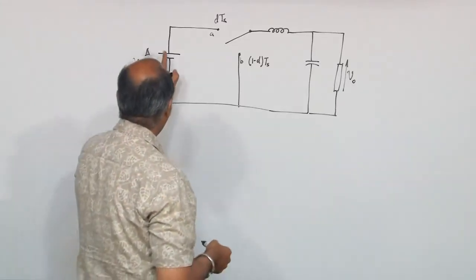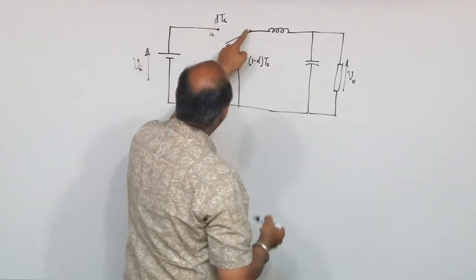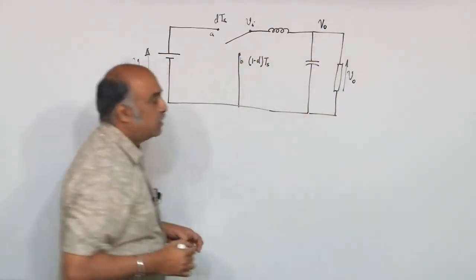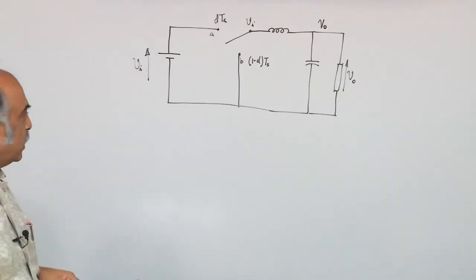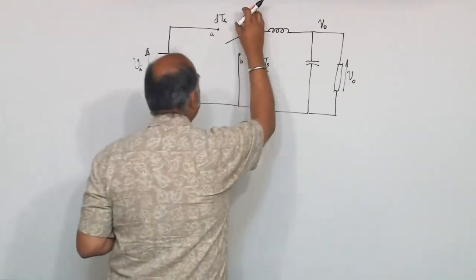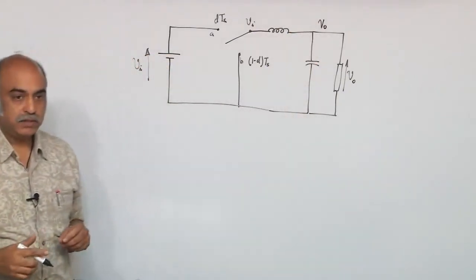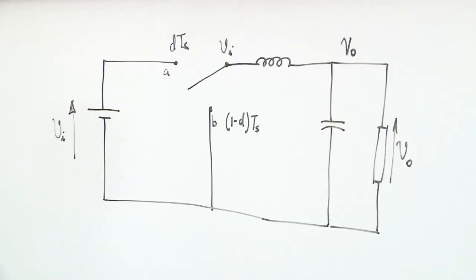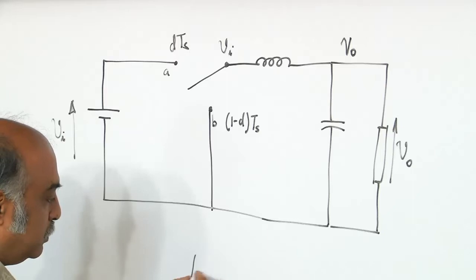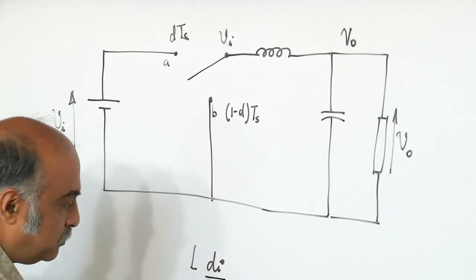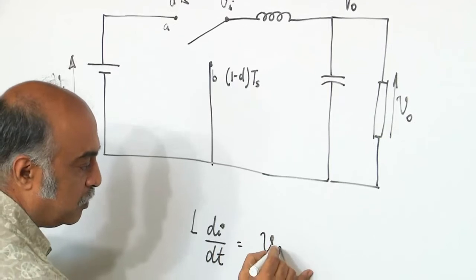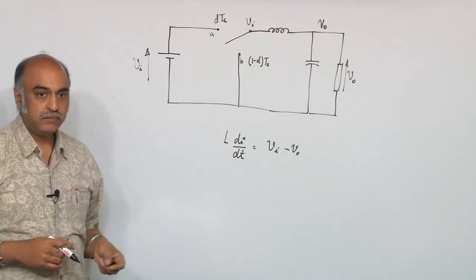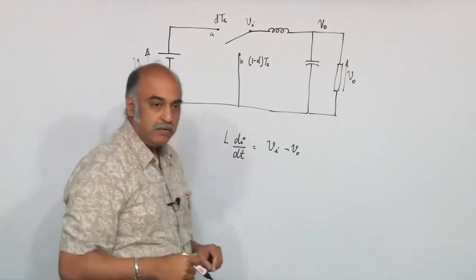So, when this is on, this point is Vi and this is V0. Again, we neglect the ripples and we essentially say that Vi is a fixed voltage, V0 is also a constant DC voltage. So, what is appearing across the inductor is Vi minus V0, and we saw that when we did the model: during the time when this was connected, dTs, L di by dt equals Vi minus V0.